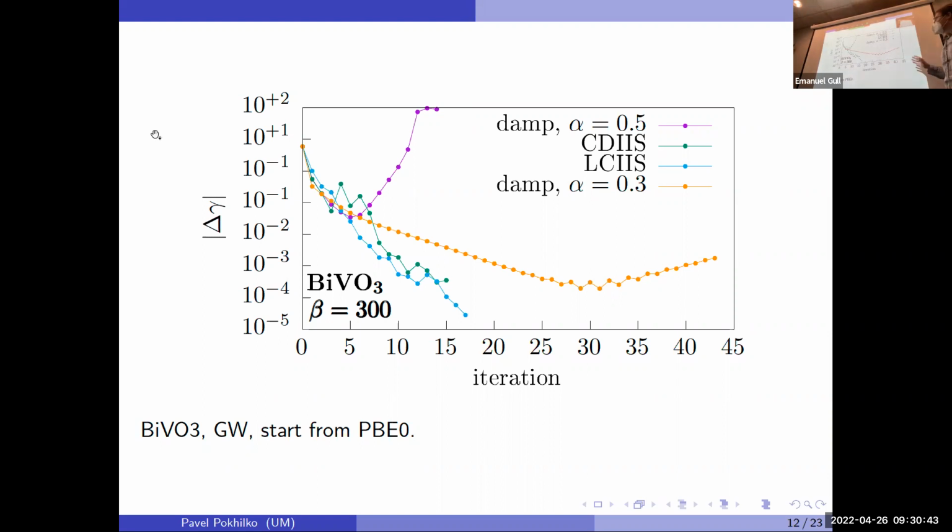But it looks like the subspace methods with commutator residuals are very stable and similar to each other. I tested it on a number of solids: vanadate, nickel oxide, a few others, and it seems to be working fairly well.